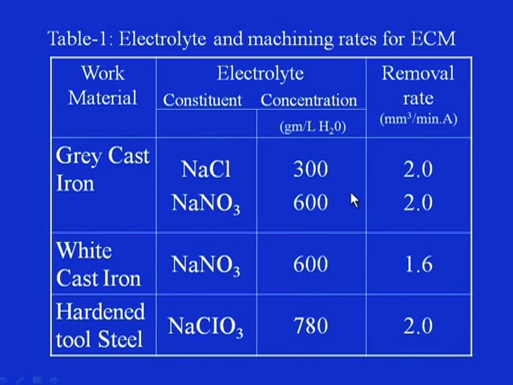Whereas white cast iron and hardened tool steel, sodium nitrate and sodium chlorate is used with the concentration 600 and 780 gram per liter of water, and material removal rate for white cast iron is obtained as 1.6 millimeter cube per minute per ampere, whereas for hardened tool steel it is 2 millimeter cube per minute per ampere.